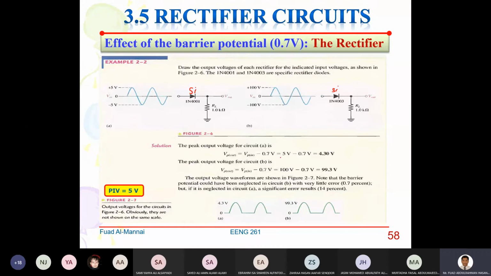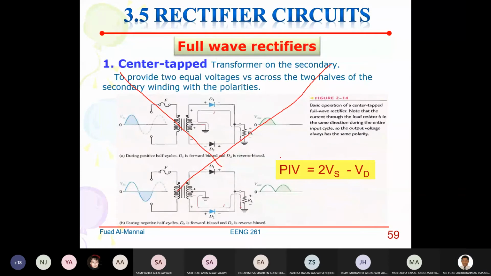Okay. So this is a half-wave rectifier. Center tap: I'm not going to deal with center tap, because hardly anybody is using center tap nowadays because of the design of the transformer. The transformer has a center tap at the secondary, and this is very, very difficult and expensive to manufacture.